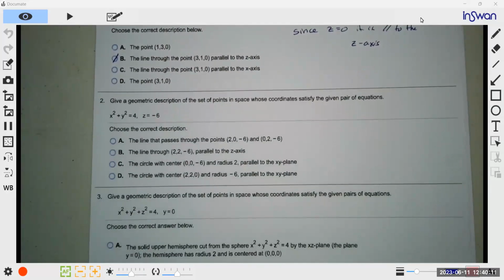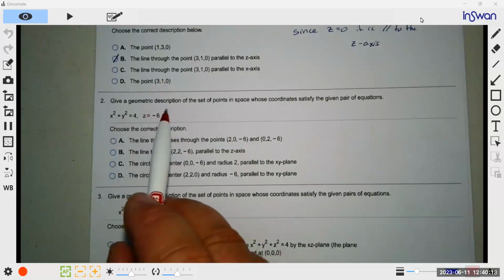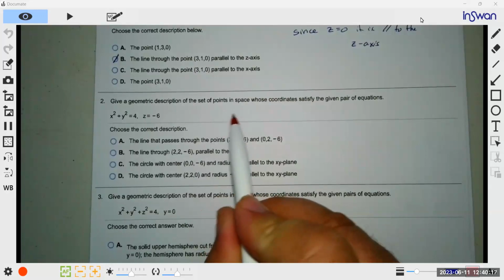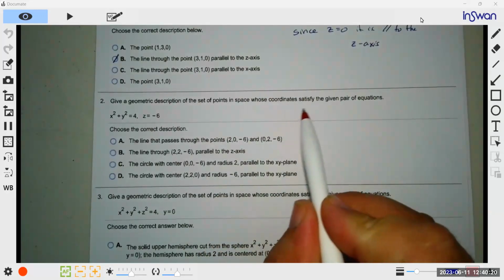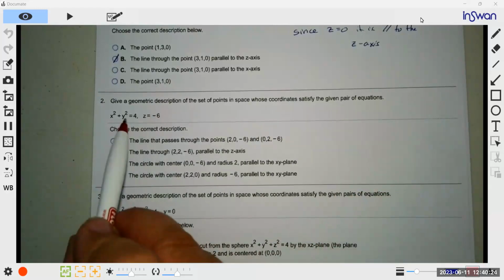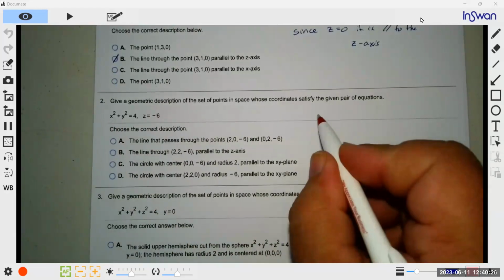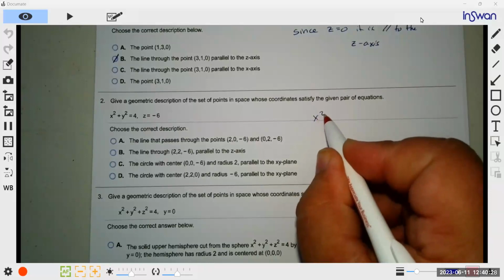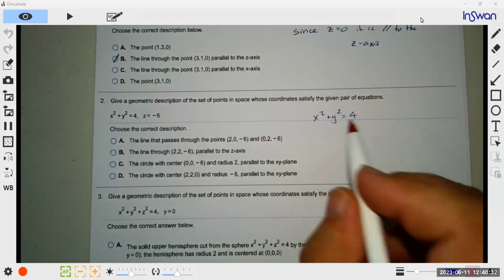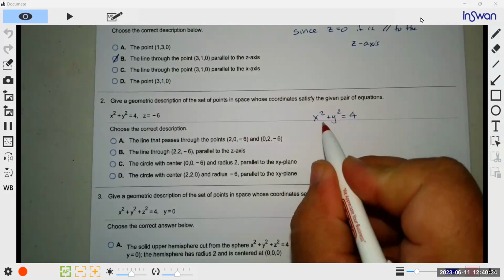Question number 2. Give a geometric description of the set of points in space whose coordinates satisfy the given pair of equations. All right. X squared plus y squared equals 4 represents a circle.